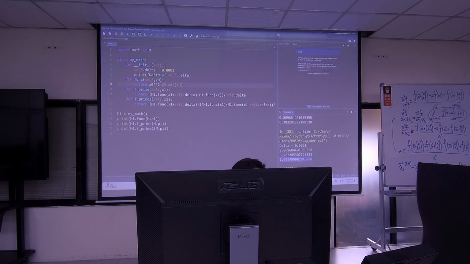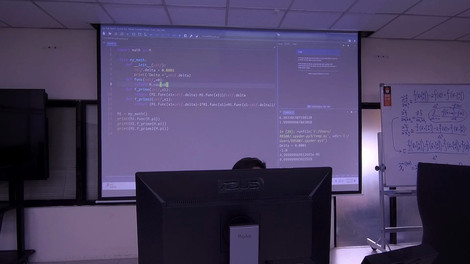Okay? If I try, let's say, cosine. Yes, cosine is fine. If I do cosine, cosine pi is -1. Cosine prime is negative sine. So negative sine pi is 0. Is it? Yeah. So negative sine prime again is going to be negative cosine.